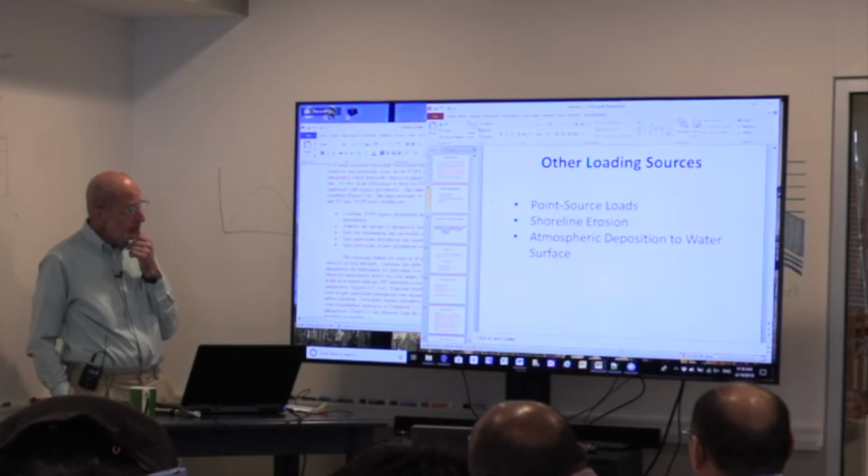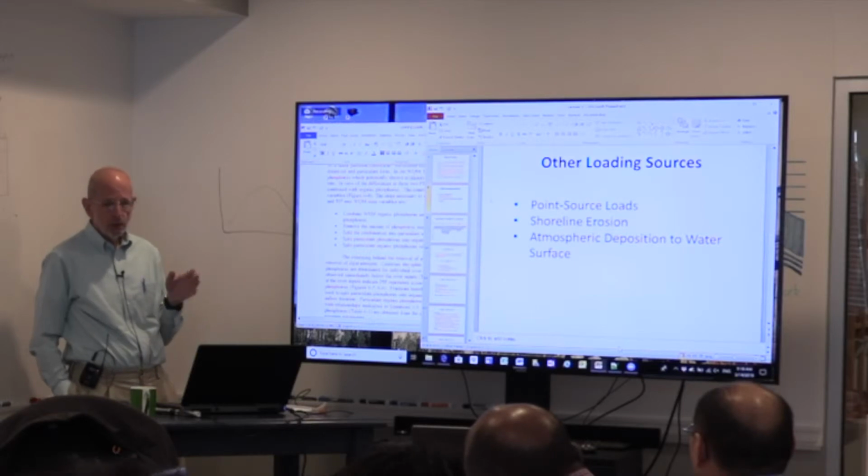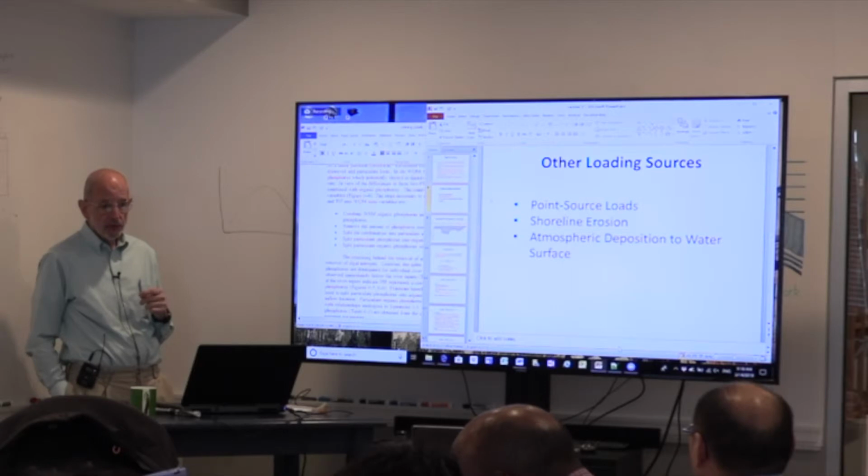The point source loads are really, boy, what's the word I want to use? We don't have anywhere near the comprehensive data set for routing those into water quality model variables that we have for the fall line and such.